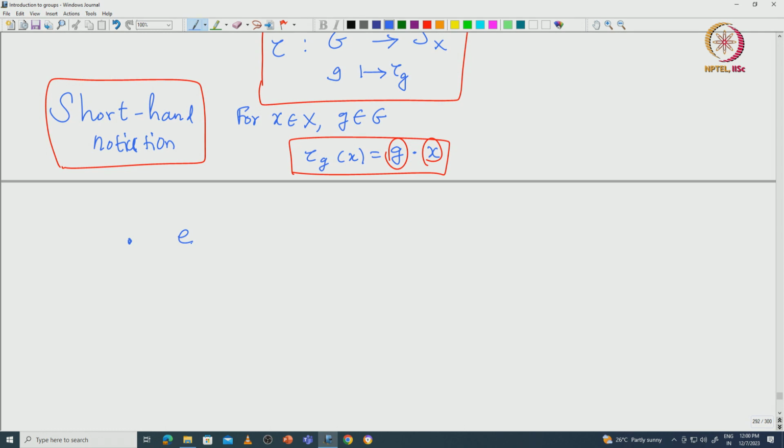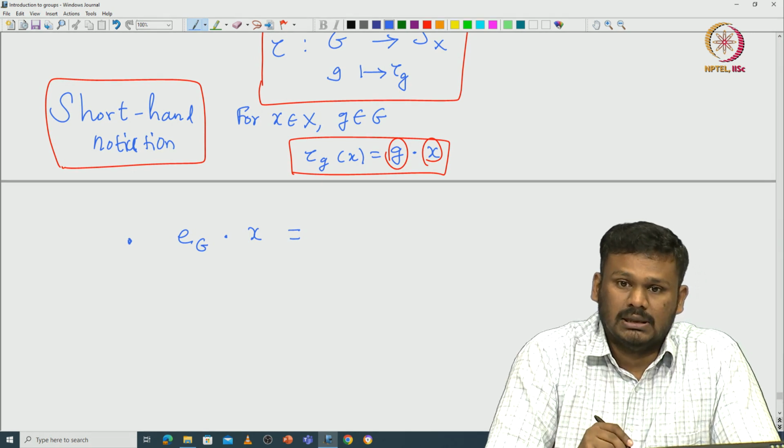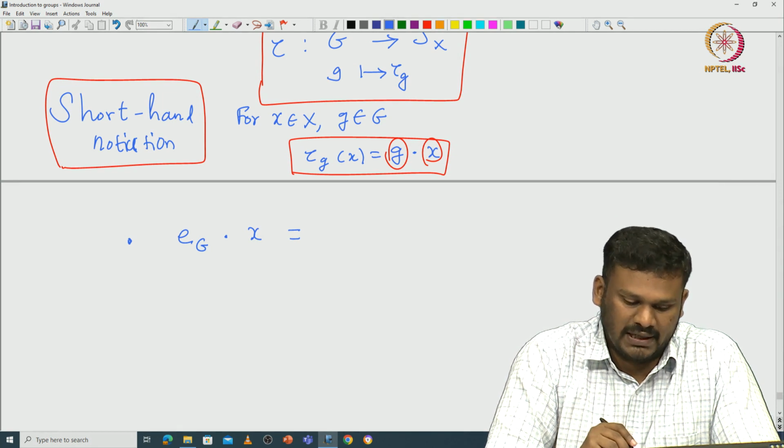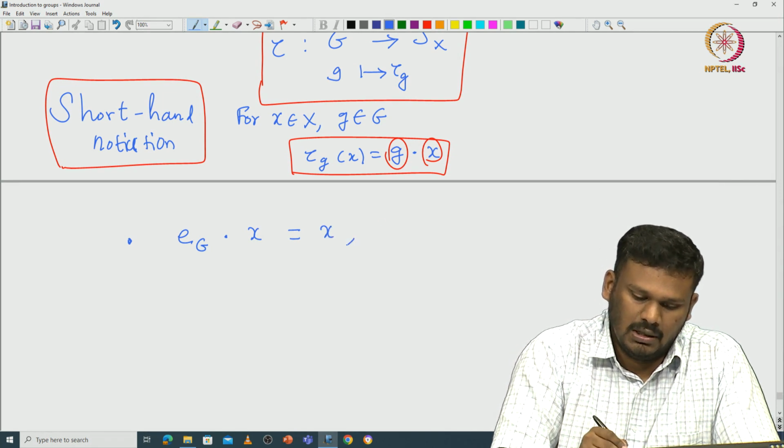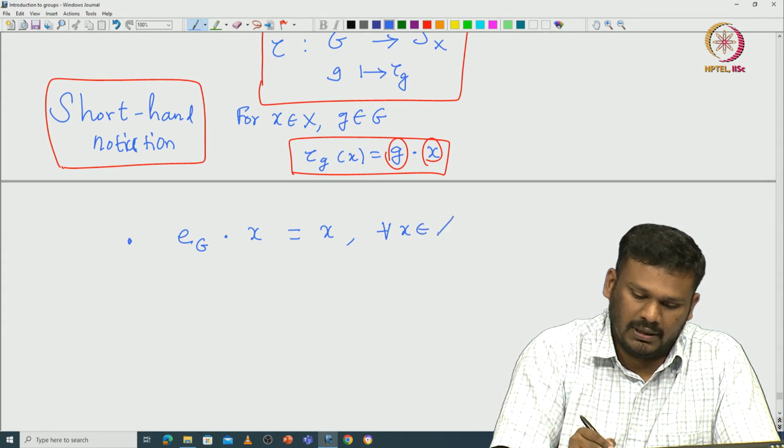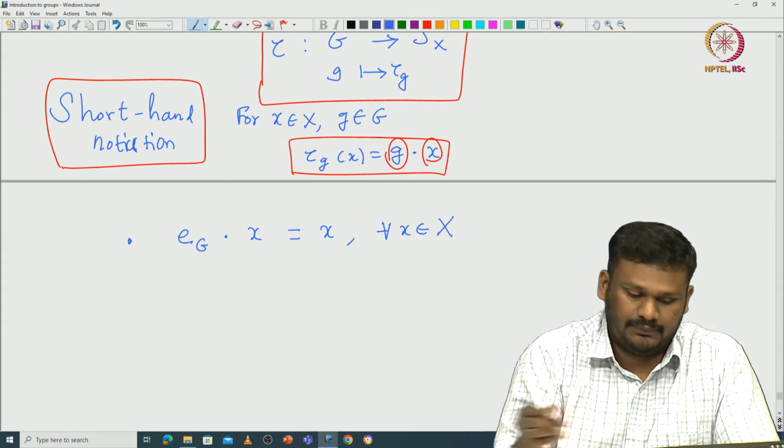If you take the identity of the group and act it on capital X, it should be mapped via tau to the identity element in Sx, which is nothing but the identity map from X to X. So, this identity element acting on some element small x in capital X should be x, and that is true for all x in X.